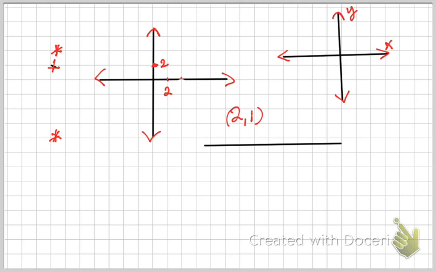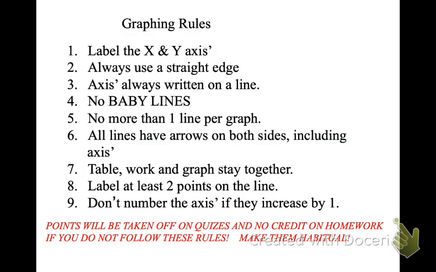So we left off at, I'm going to erase it. I did labeling the x-axis. We've talked about always using a straight edge. We've talked about always, the axis is always written on a line of the graph paper, both axes. No baby lines. So here's a baby line. Here's your graph, right?